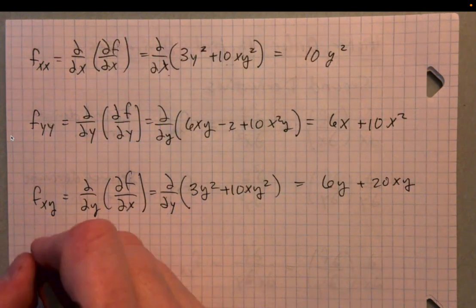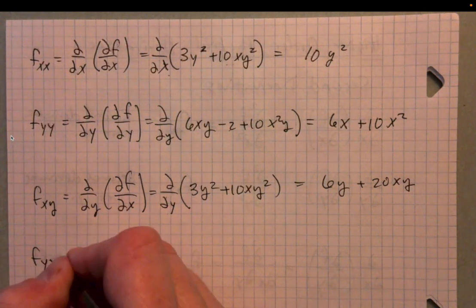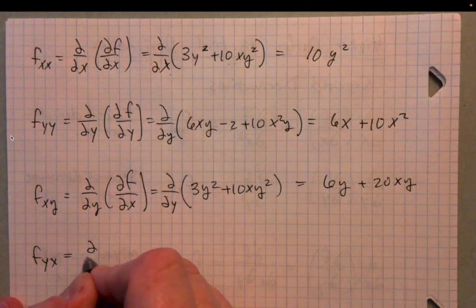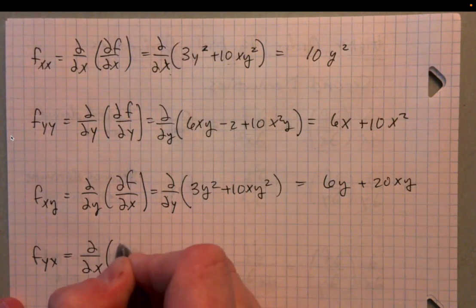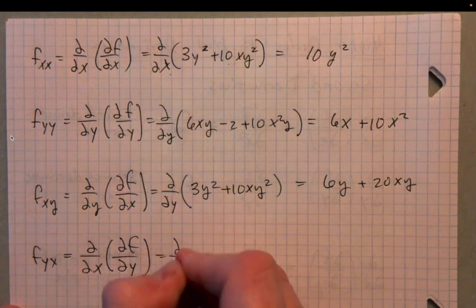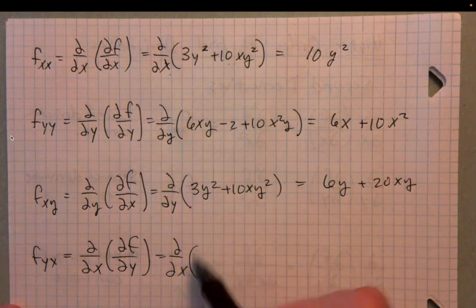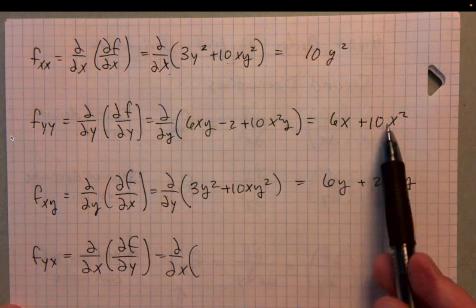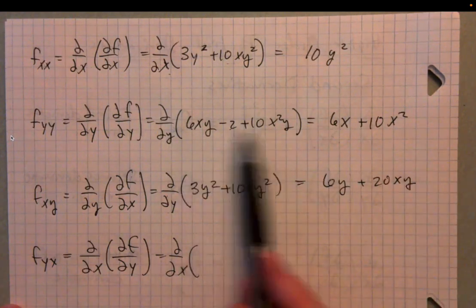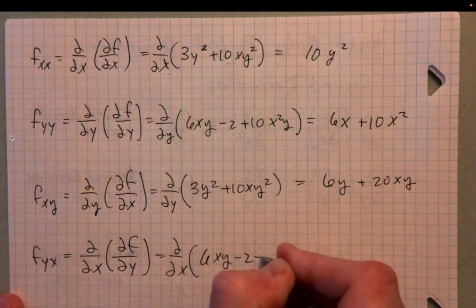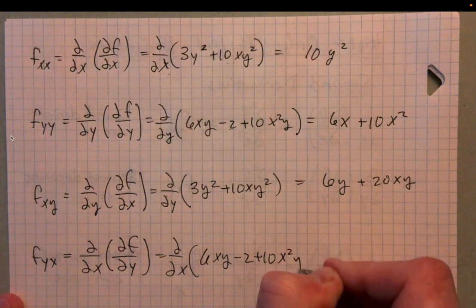What about the other one, f sub yx? This one's similar, but here we're going to do del x of del f del y. So that's del x of the first derivative with respect to y, which is 6xy minus 2 plus 10x squared y.